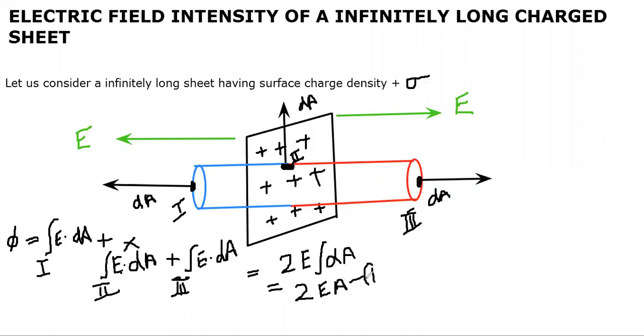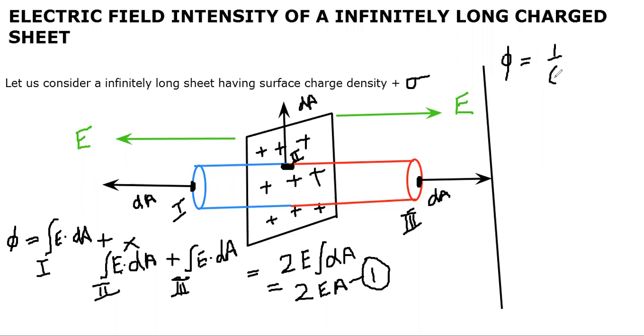Now you have to apply Gauss law, just as you applied in your last derivation. If you apply Gauss law, what you will get is that flux is 1 by epsilon naught times Q, right? So we can write that phi is equal to 1 by epsilon naught into Q.